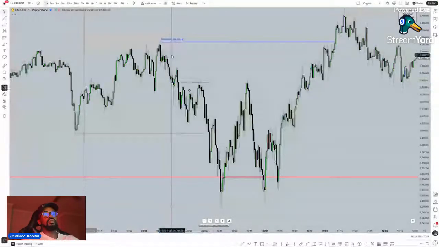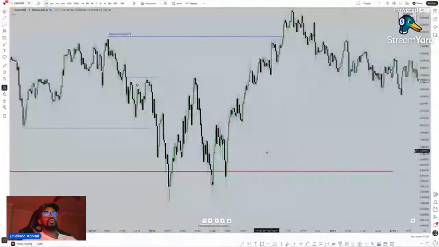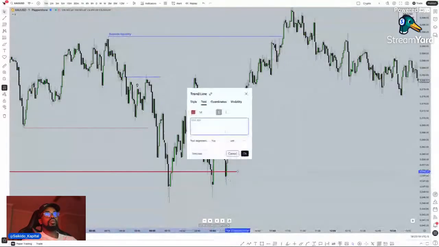Okay, so we have these relatively equal lows. We have the 1 hour. This is the 1 hour change in the state of delivery. Okay, 60 minutes. Bullish change in the state of delivery. And then let's put this.